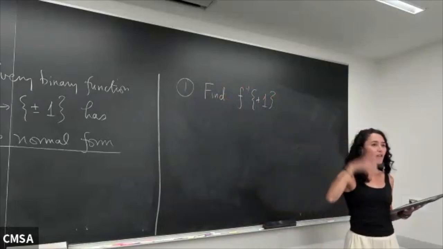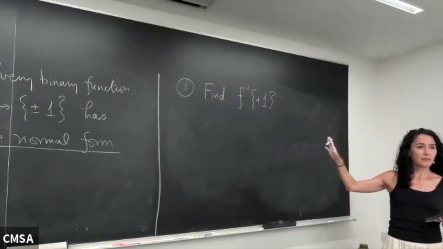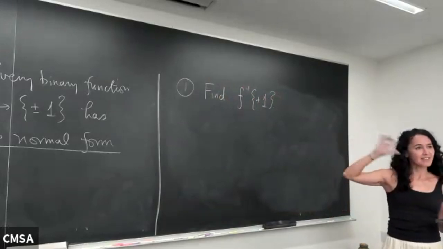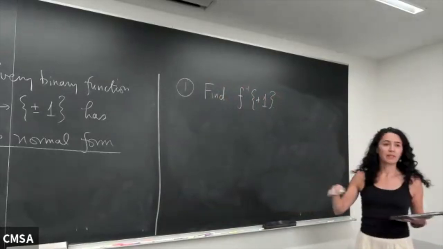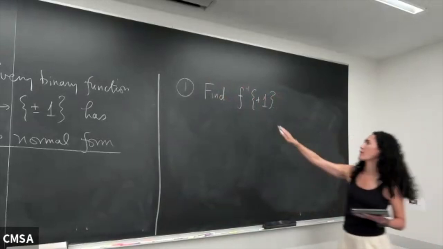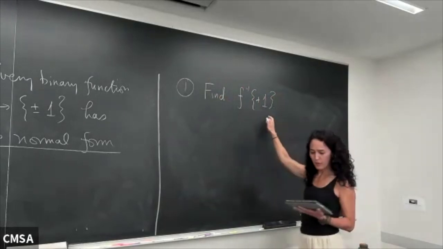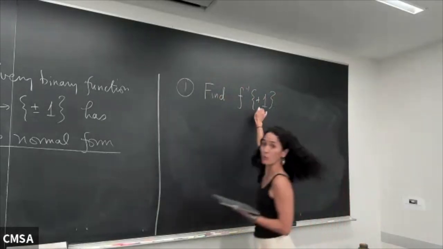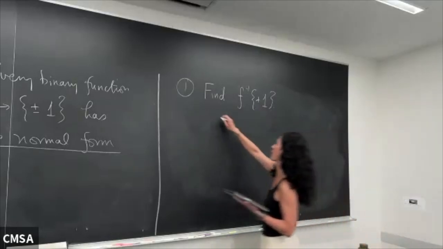So this is the set of all tuples that map to 1. In the case of the ANDs, NOTs and ORs, that would be the points that were colored red. So this is the set of vertices of the cube that get mapped to 1. So write the complete list.